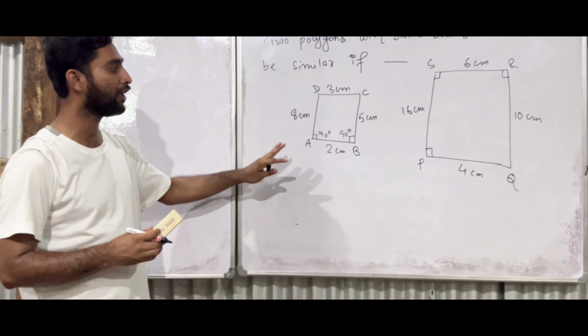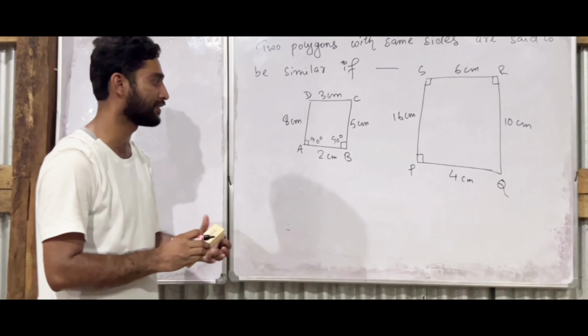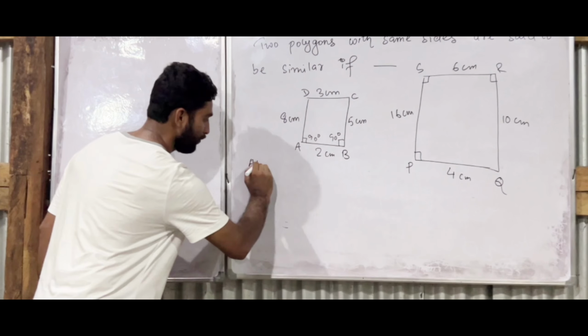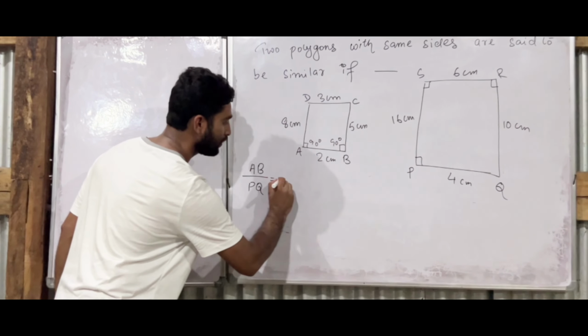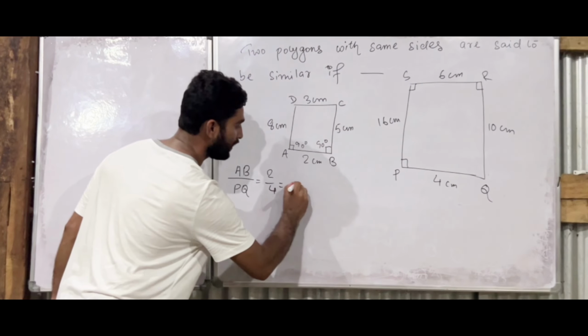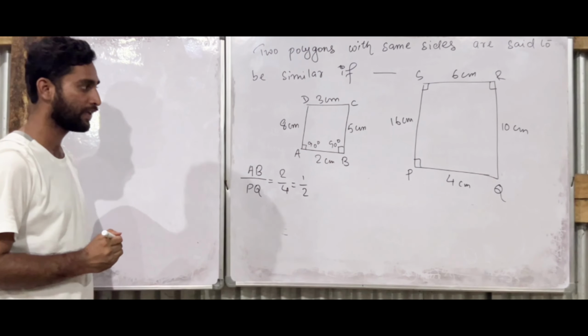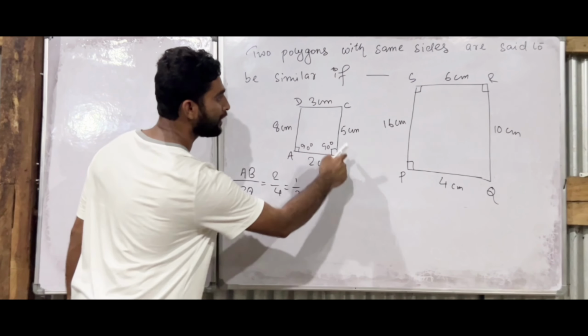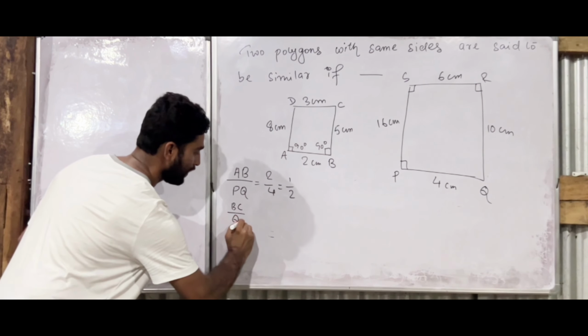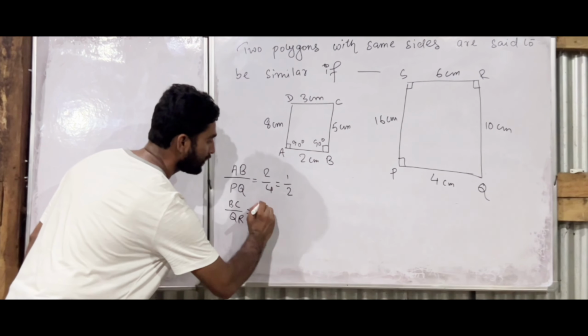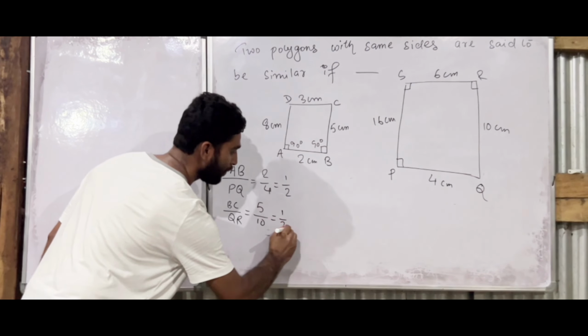Now, if we calculate the ratio of the corresponding sides, AB divided by PQ, how much will we get? 2 by 4, that is 1 by 2. Now BC divided by QR: 5 divided by 10, again 1 by 2.